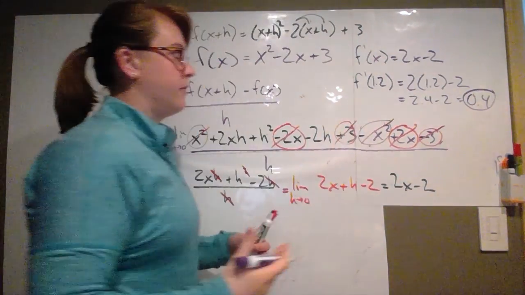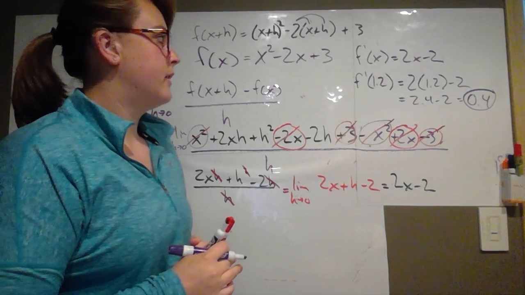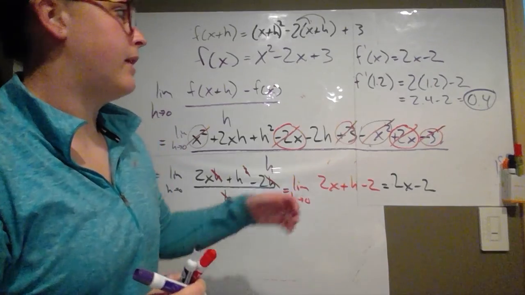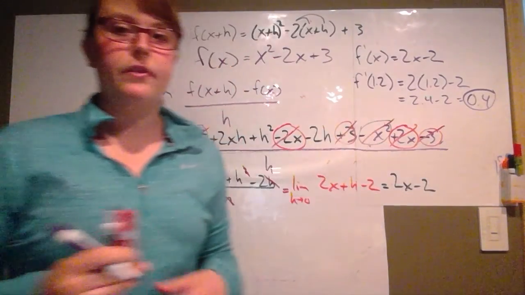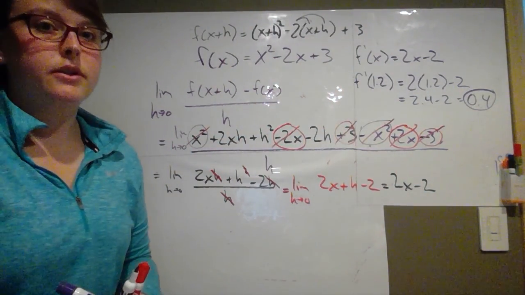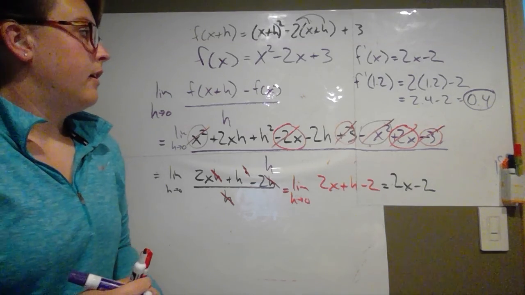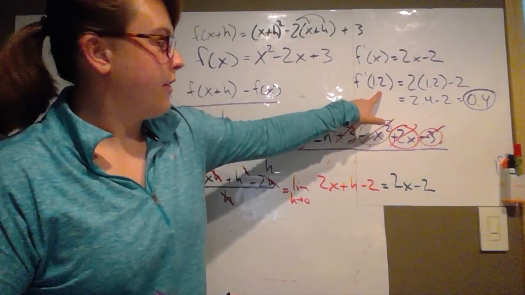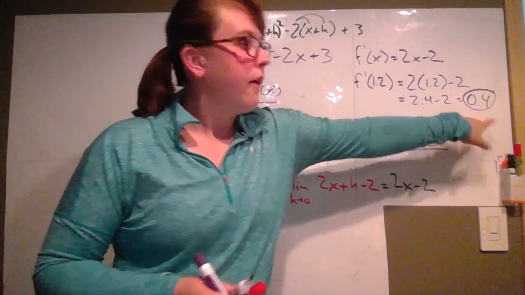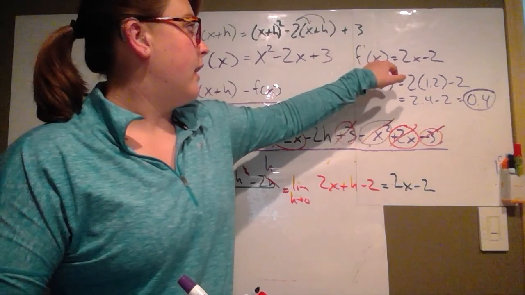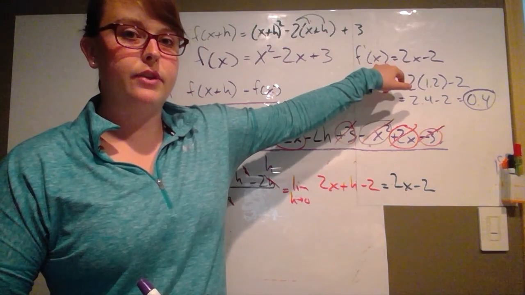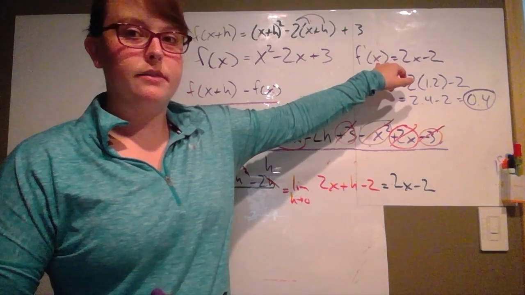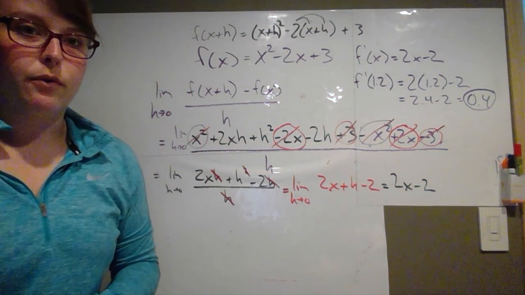So that would be my derivative for this function at x equals 1.2, my instantaneous rate of change of this function, the slope of the tangent line of this function. Those are all talking about the same thing. So the slope, if I had a tangent line to the function at 1.2, the slope of that line would be 0.4. And I could do this to find any value of the instantaneous rate of change or the slope of the tangent line of the function by plugging in any x value here. So that's kind of cool.